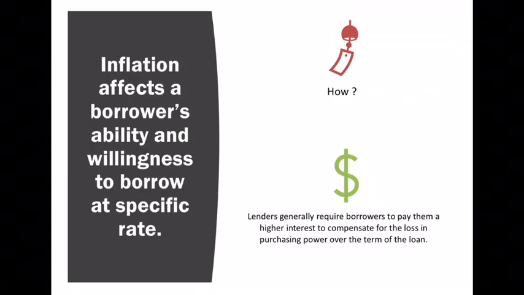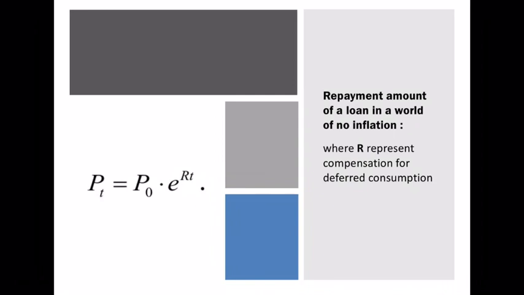And here are two equations to show the repayment amount of a loan in a world of no inflation. You can see that the payment will be P0 multiplied by e to the power RT, where R represents compensation for deferred consumption.